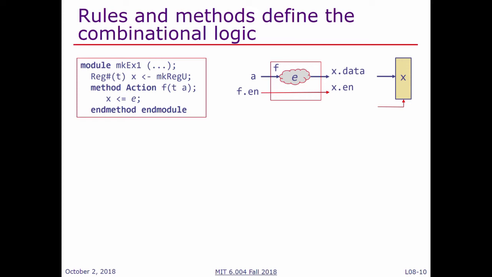It may be A plus X. You can write down the combinational circuit corresponding to it, and that's what is shown in that cloud, E. The only possible input I've shown is A, but in fact X can also be an input going into it.